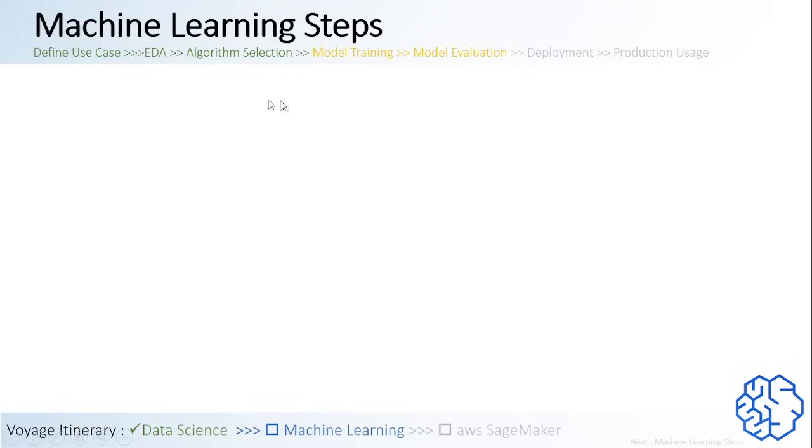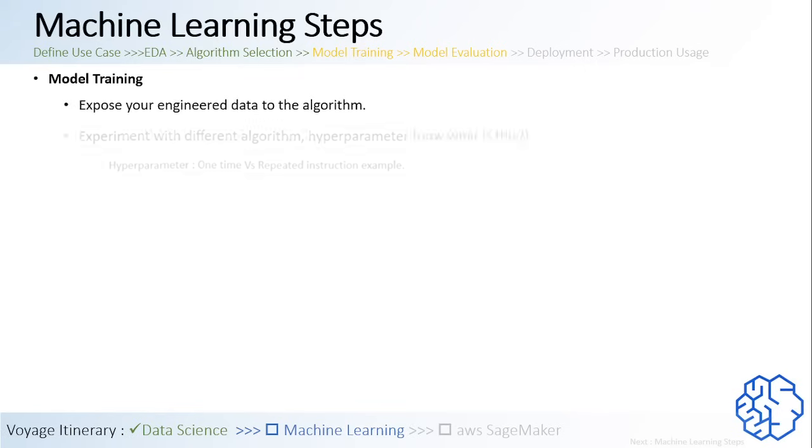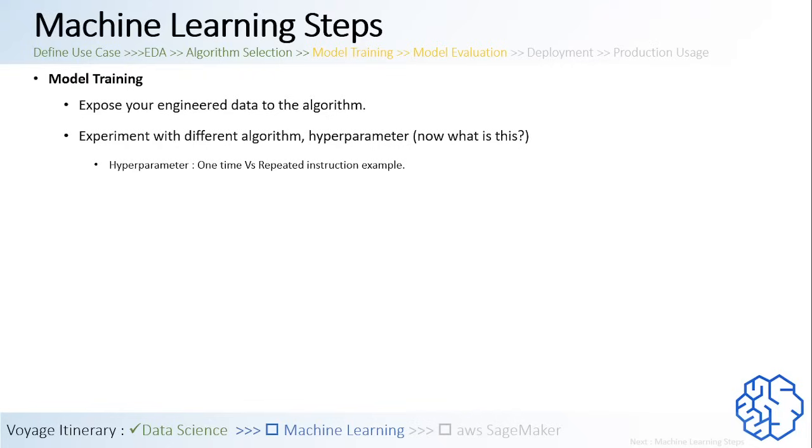Moving on, the next step after algorithm selection is model training. As the word says, we are training our model, we are training our algorithm. So the data which I have refined, which I have feature engineered, that refined data I am giving to my algorithm.